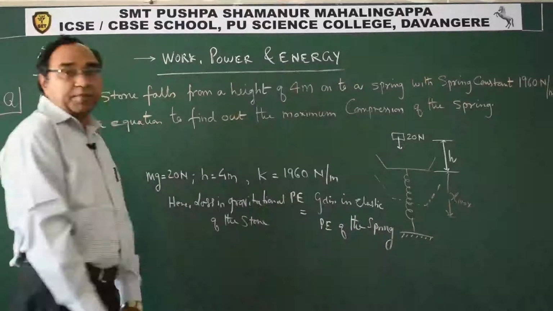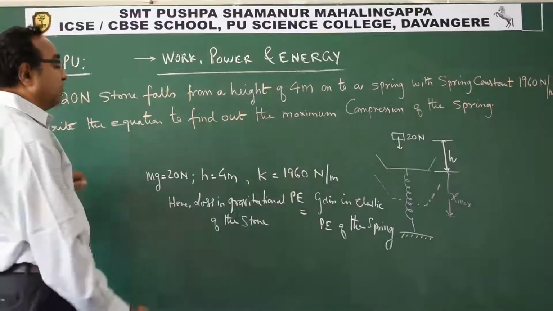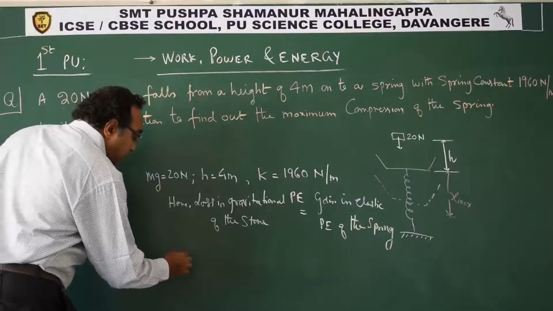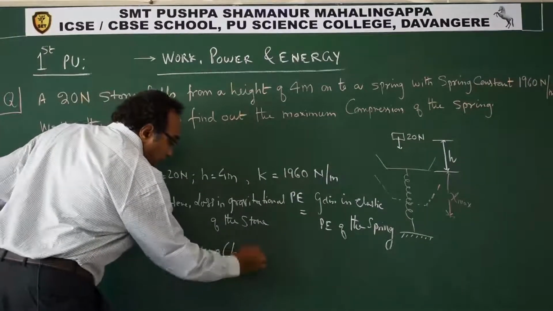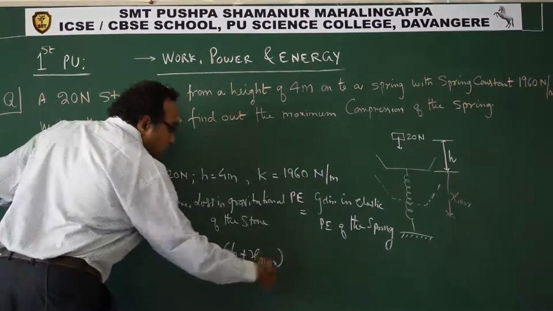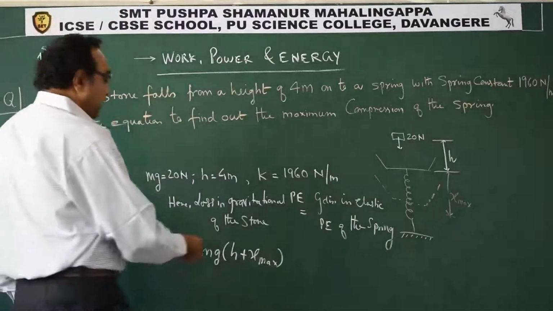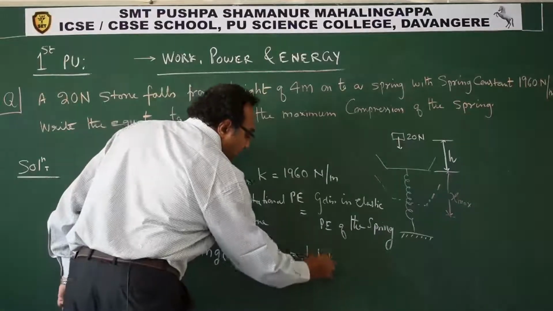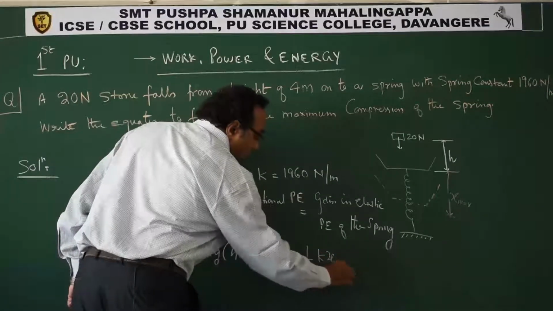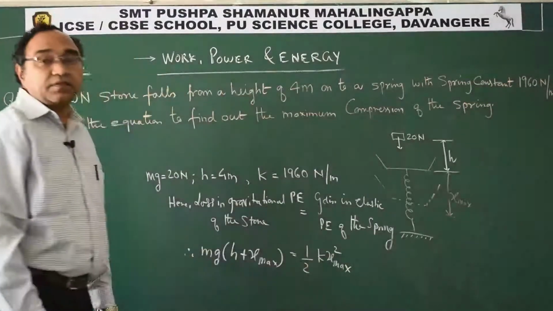See, this is what is happening. So the loss in gravitational potential energy of the stone is mg into h plus x max, is equal to half k x square. This is what we get.